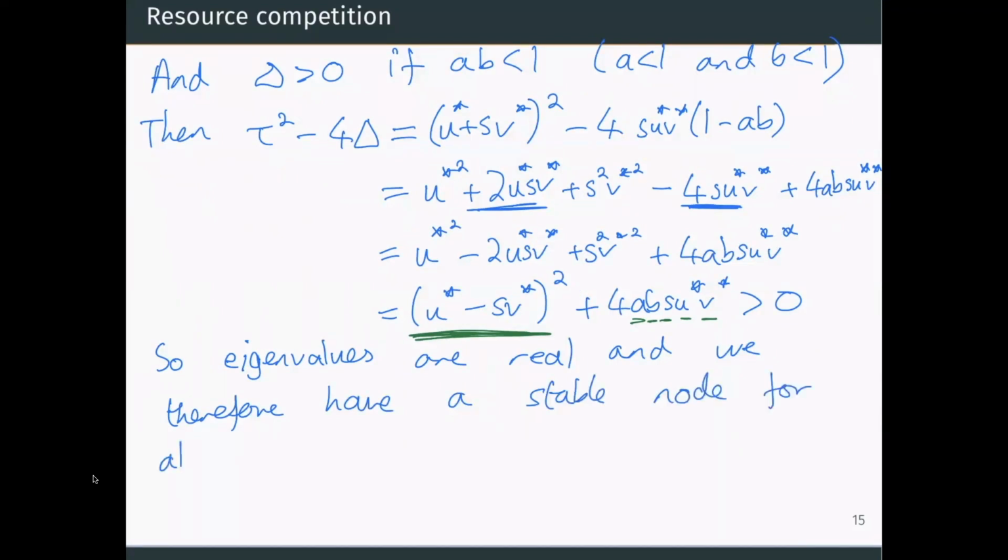This is when AB is less than 1. In other words, when A is less than 1 and B is less than 1. Again, that comes from our condition for this coexistence equilibrium to be biologically realistic. So we have a stable node.